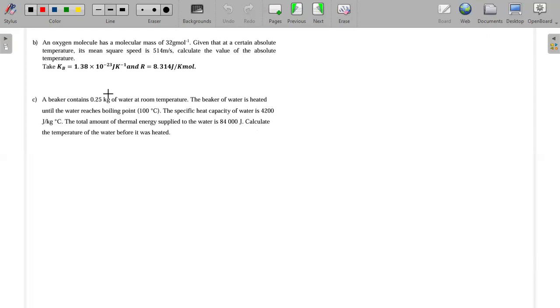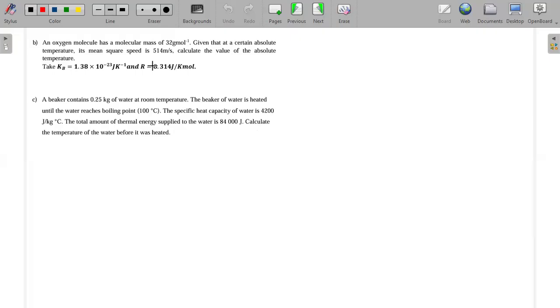So they've given us a Boltzmann constant here, but also the universal gas constant here. We now want to calculate the temperature. They want us to calculate the value of the absolute temperature.